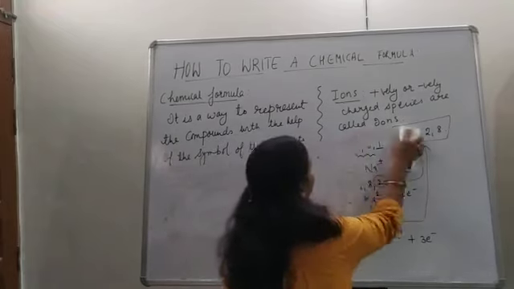Okay, second example we can see of carbon dioxide. I'm sure everybody knows the formula of carbon dioxide. That is again carbon and oxygen. First step, write the symbol of carbon and oxygen. Second step, write the valency.